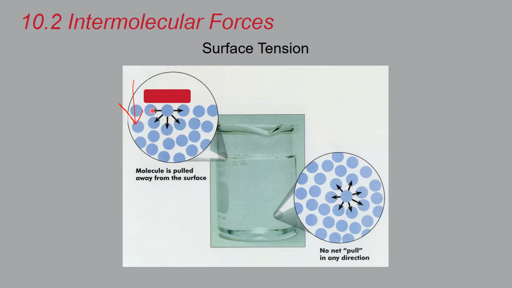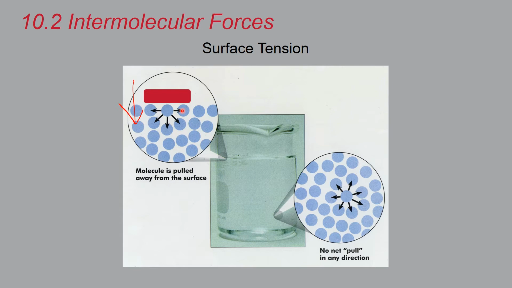If these attractive intermolecular forces are stronger than the force of gravity pulling the object down, then this object will not break through this first layer and float. So basically, the attractive interactions between these water molecules on the surface and their neighbors sort of form like a skin on there.